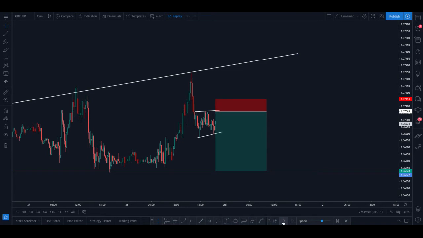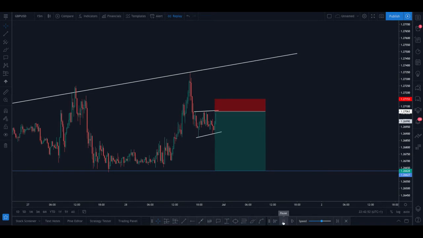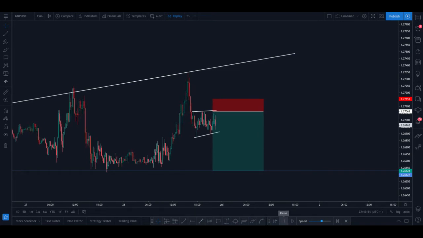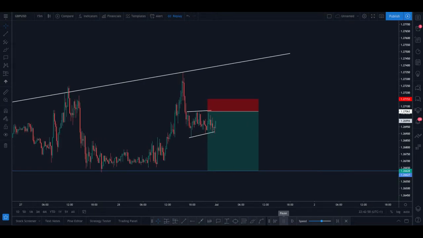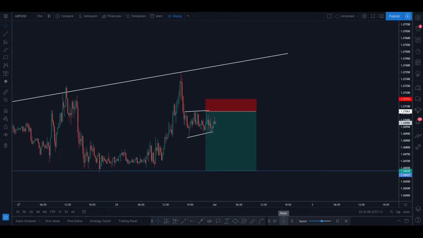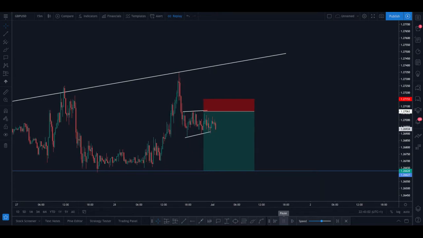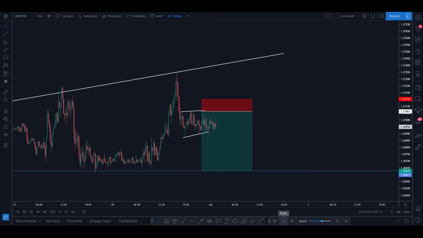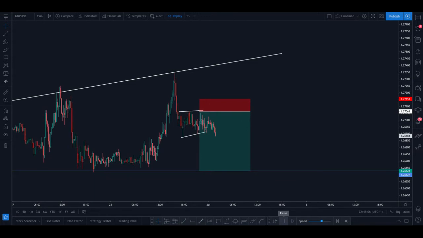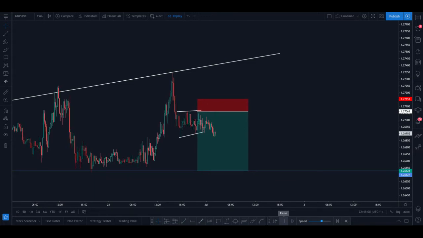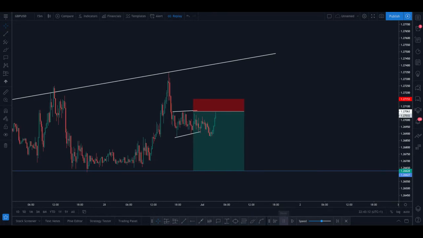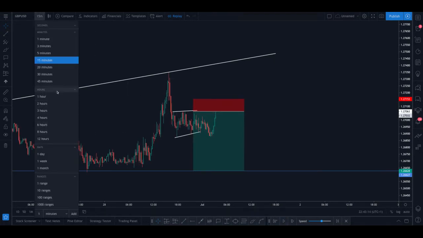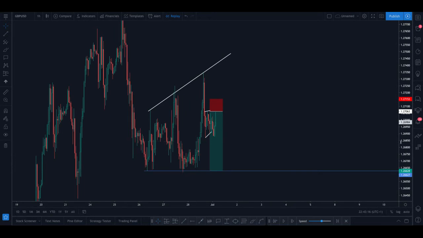So just play price forward. And in fact, that actually could be the trade opening up.